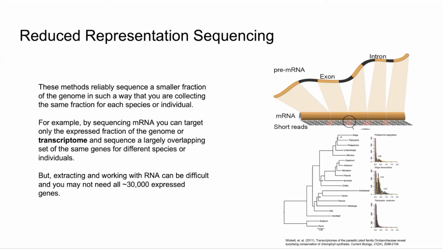By sequencing the messenger RNA, you can target only the expressed fraction of the genome and sequence a largely overlapping set of the same genes for different species or individuals. But extracting and working with RNA can be difficult, and you may not need all of the approximately 30,000 expressed genes that result from a transcriptomic study.